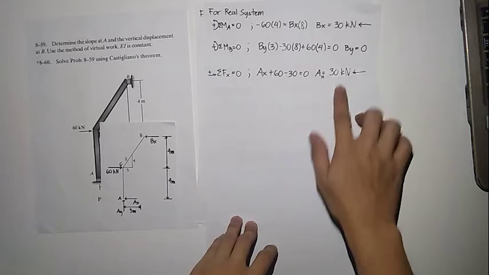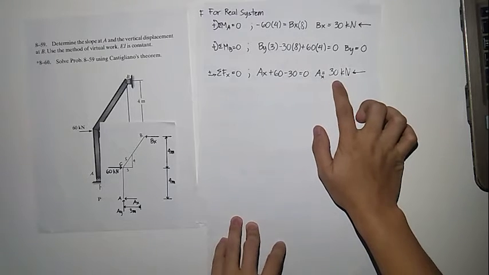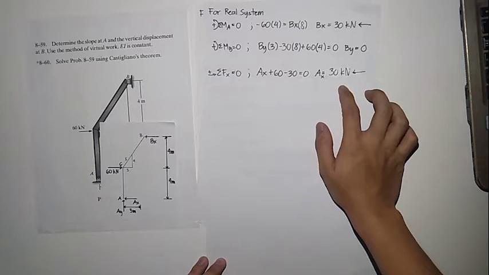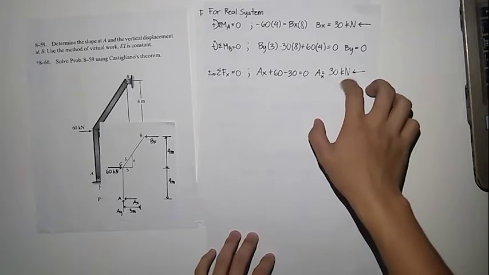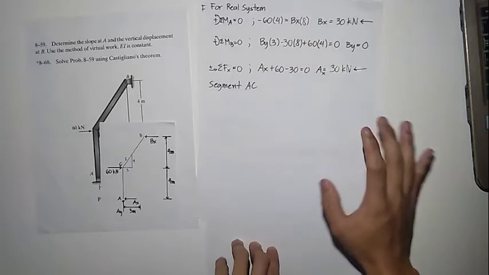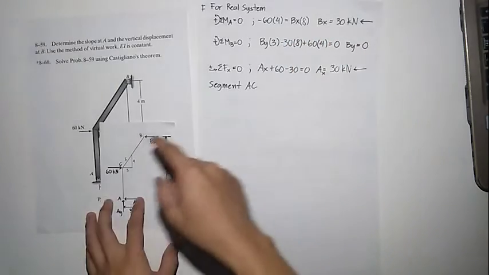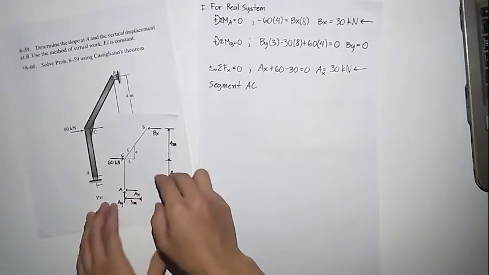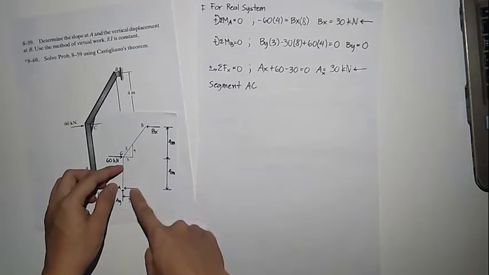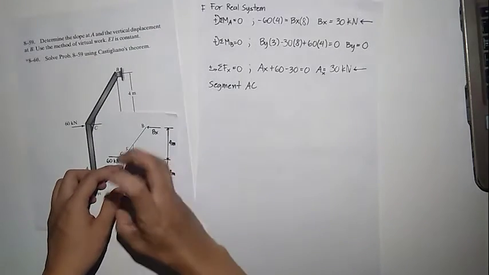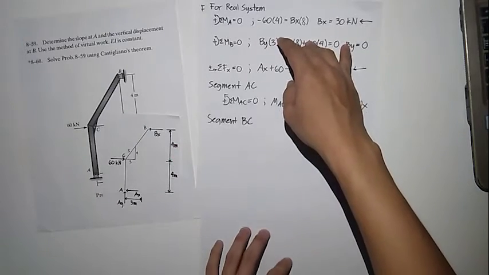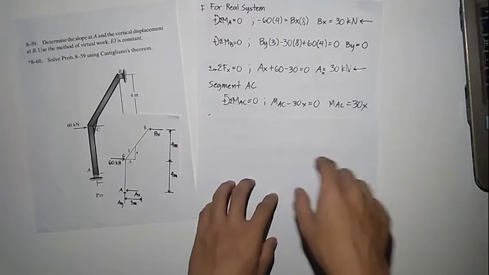So next, after getting AX of 30 kN, we'll be calculating the bending moment in segment AC. Magka-cut po tayo dito sa segment AC at i-label po natin na x yung na-cut po natin. Para maintindihan nyo po ang sinasabi ko ay ipapakita ko po sa equation.